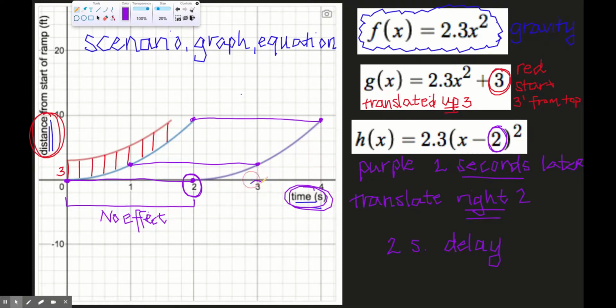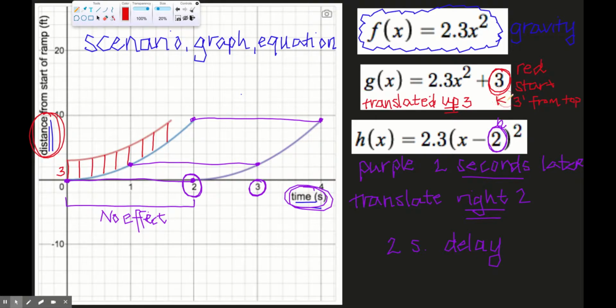When I am at second 3, gravity has only been affecting the ball for 1 second. So all I plug into my function to think about gravity is 1. I get rid of those 2 seconds where nothing was happening. This is the h parameter. That is why it is always subtracted. When you move left and right, you move kind of opposite: if it's subtracted, you move to the right.